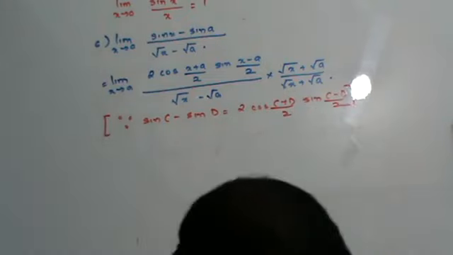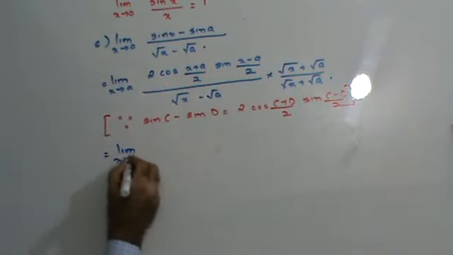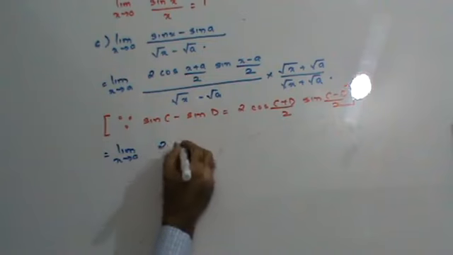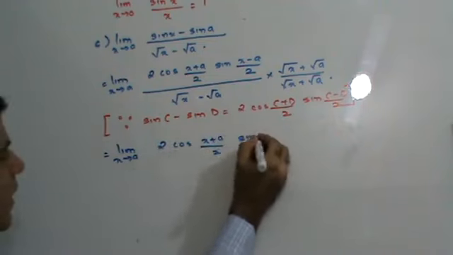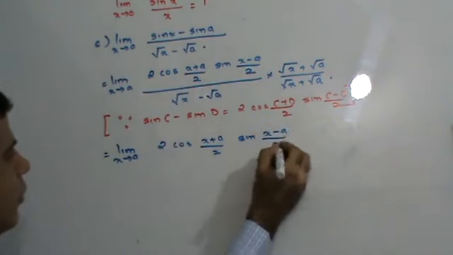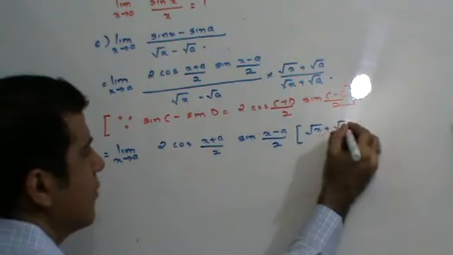Right? That was the formula that I have used. Now this can be written as limit of x tends to a, 2 cos (x plus a)/2 sin (x minus a)/2 into root x plus root a.